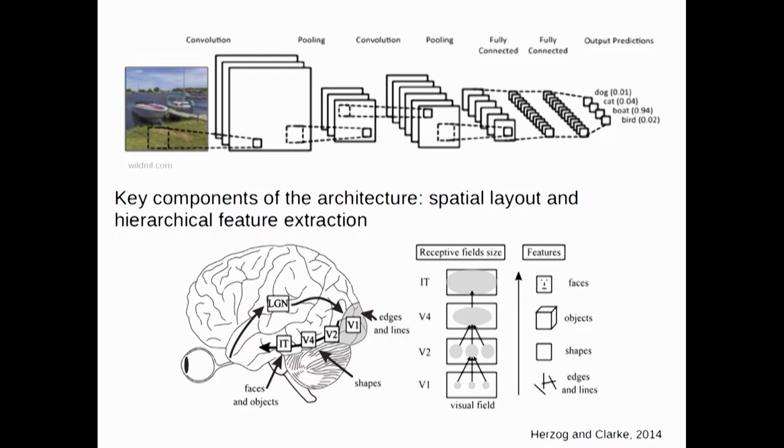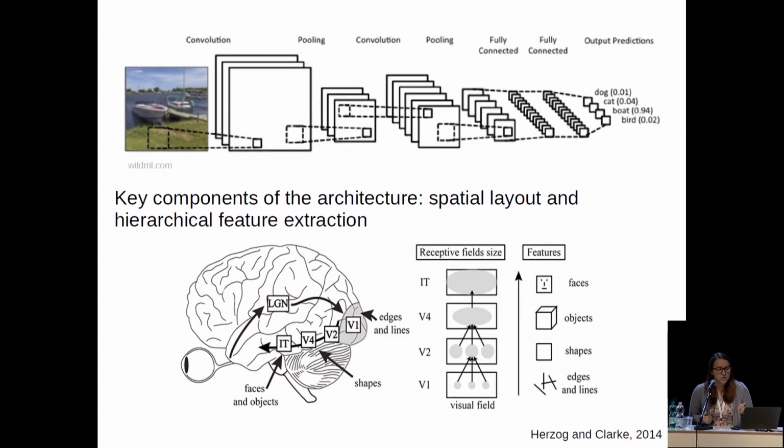So to just really lay out the relationship between the brain's visual system and convolutional neural networks, I just want to highlight some of the features that they have in common. You can see at the top a schematic of a convolutional neural network, and at the bottom is a schematic of the brain's visual system. As you go through areas of the brain's visual system, starting mostly with V1 and going up through areas of the ventral visual pathway and the cortex, you see two features.